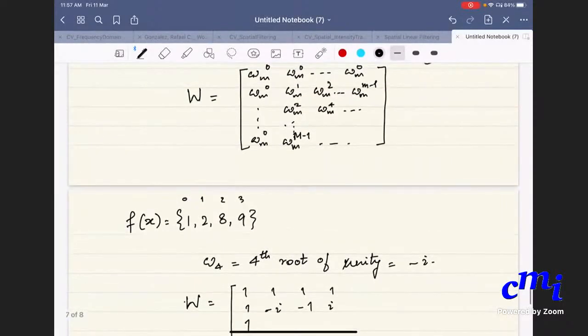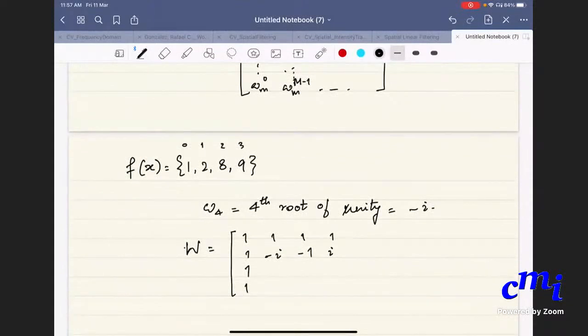Then here omega squared is minus 1, and then raised to 4 and then raised to 6, so that will be minus 1. Then this will be omega 4 cubed, so the remaining thing is i, then minus 1, minus 1. So this will be the matrix W.